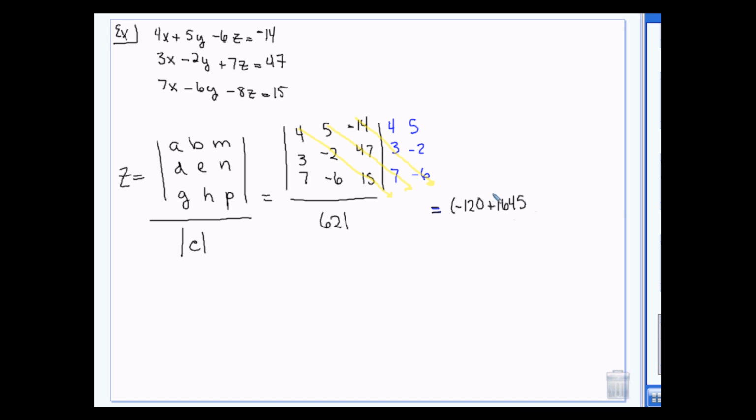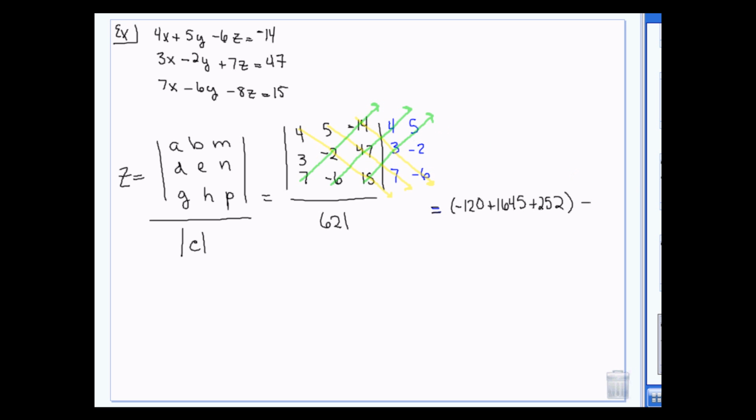And 14 times 3 times 6, okay, 252. So it's negative 120 plus 1645 plus 252.